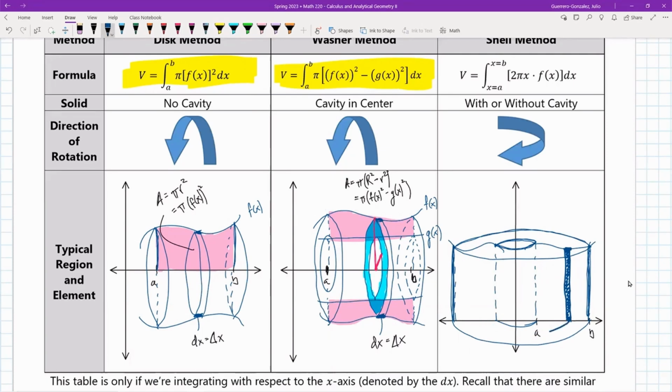Let's do that a little nicer, yeah? I'm going to grab that, give it a thickness, and then there we go.